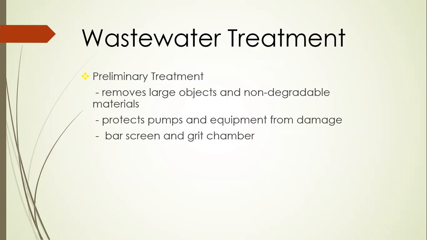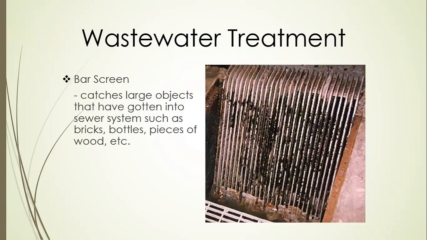So the main components you can see in the preliminary treatment are bar screens that will remove the different large debris, and then removal of smaller particles, the grit chamber. This is a typical arrangement of the bar screens, and for specific designs you will have different types of designs for the bar screens.